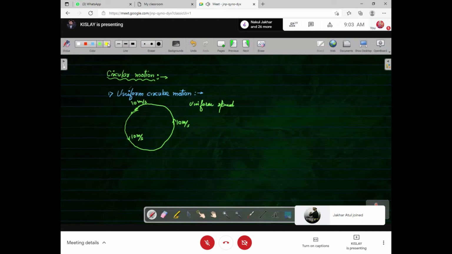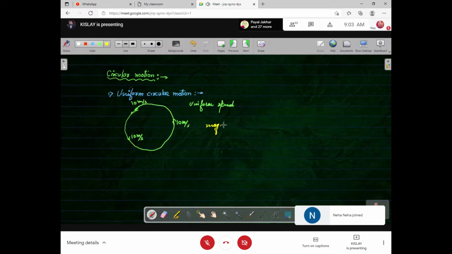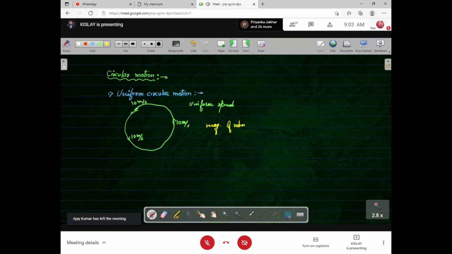In case of uniform circular motion, the object is moving on the circle, so the magnitude of velocity remains constant, but direction is not constant.